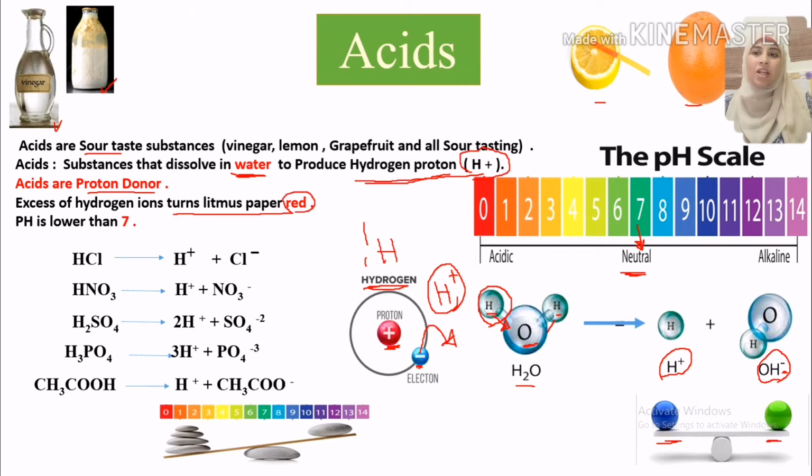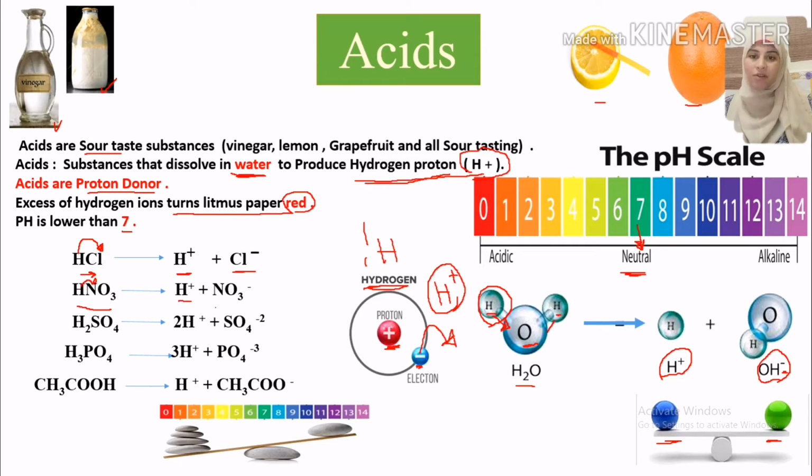So we can see in hydrochloric acid, HCl, we have covalent bond between hydrogen and chlorine. Chlorine has high electronegativity, so it will attract the hydrogen electron, and we will have hydrogen free of electrons. We will have hydrogen proton and chloride Cl negative. The same in nitric acid, HNO3, we will have hydrogen proton and nitrate group NO3 negative.